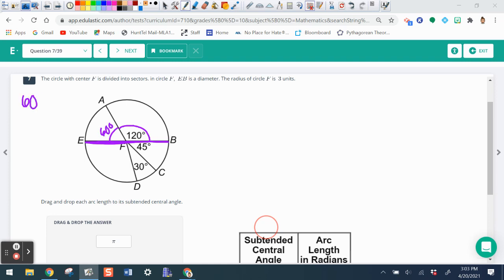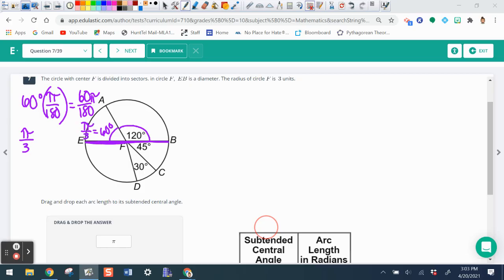So if we were converting 60 degrees to radians, we'll get 60 pi over 180, and then we'll simplify that by dividing 60 and 180 by a common factor, which will be 60. So we'll be left with pi over 3. So angle AFE in radians is pi over 3.